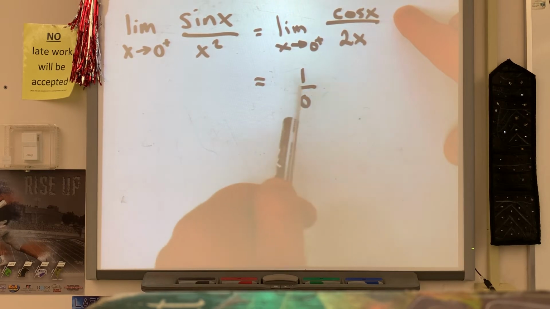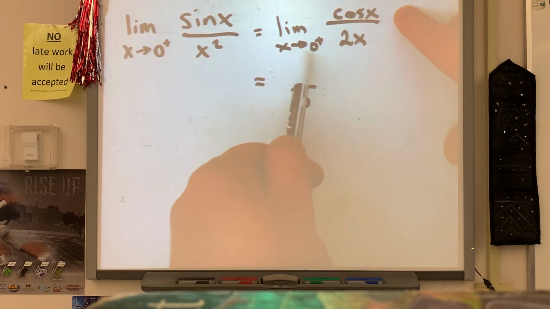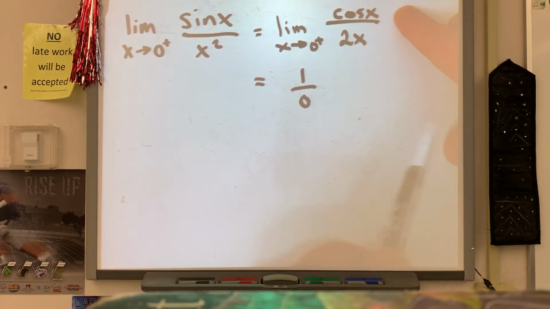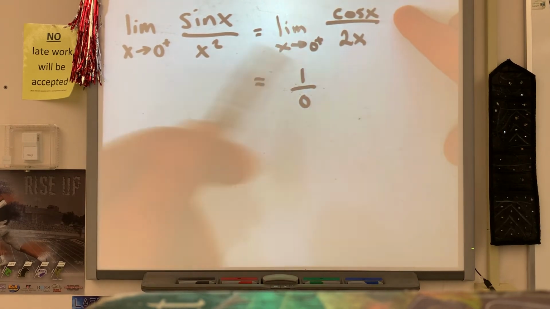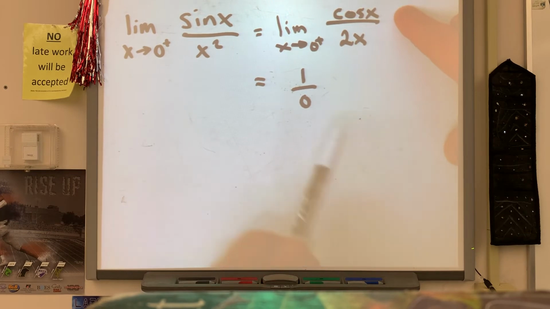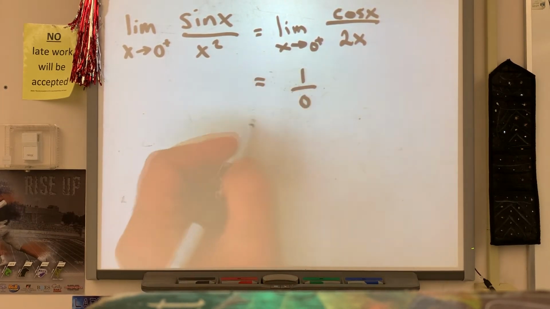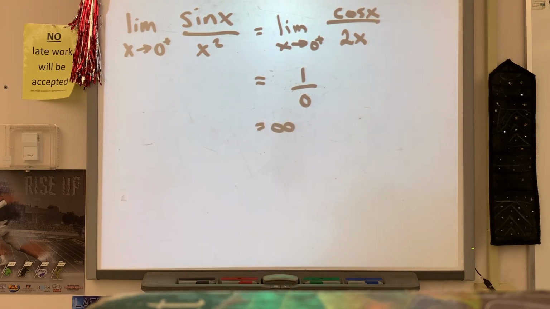So what's really happening as x gets closer and closer to 0 from the right than just 1/100th? We can get infinitesimally closer to 0 than even 1/100th. Hopefully you can see where I'm going with this: this actually equals positive infinity.